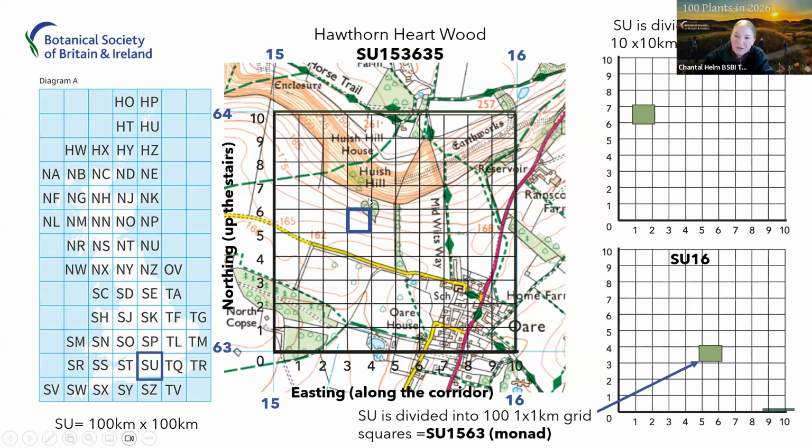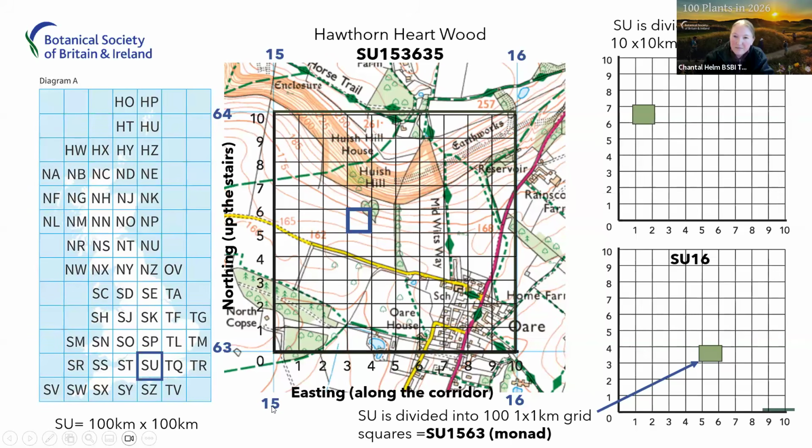So this heart-shaped wood that I was looking at earlier, if I wanted to give a grid reference for a plant that occurred maybe just on the south west edge of that heart-shaped woodland, I would then say, this is my 6-figure grid. I've gotten down to this SU 1563.